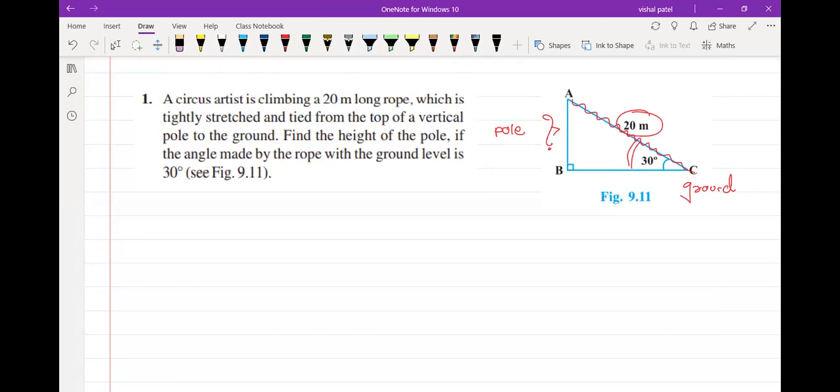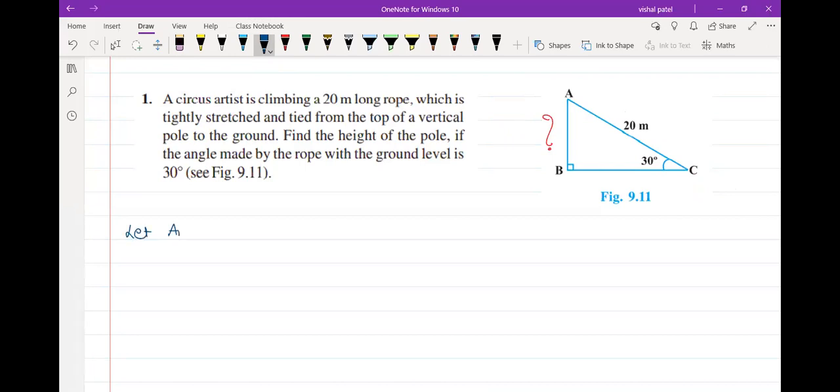Even though the diagram was not given to us, we can draw it. Always remember one thing, students: whenever you are solving sums based on application of trigonometry, these kind of word problems, don't start with your sum directly. You have to write down what the terms in the figure are.